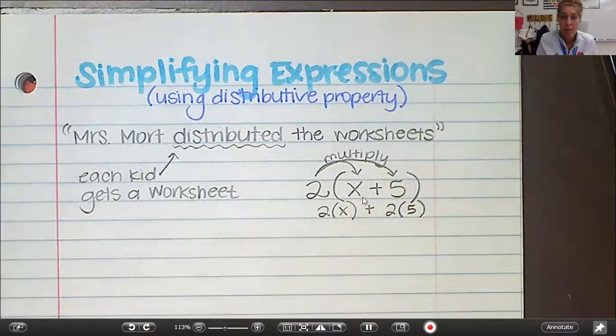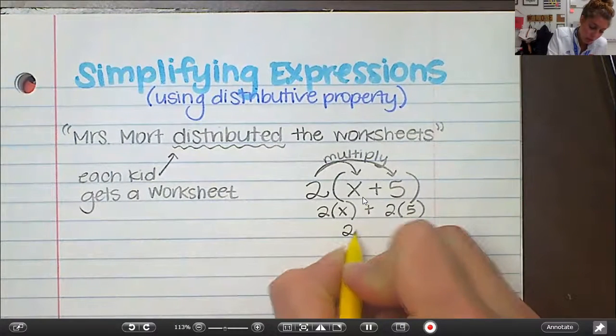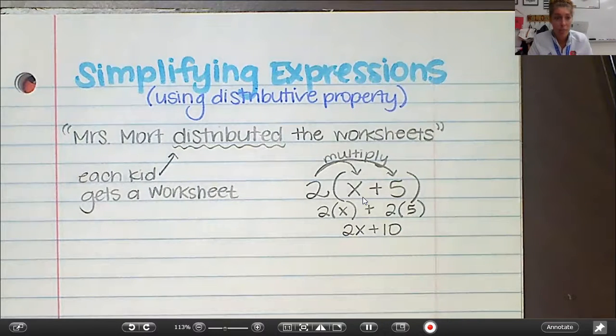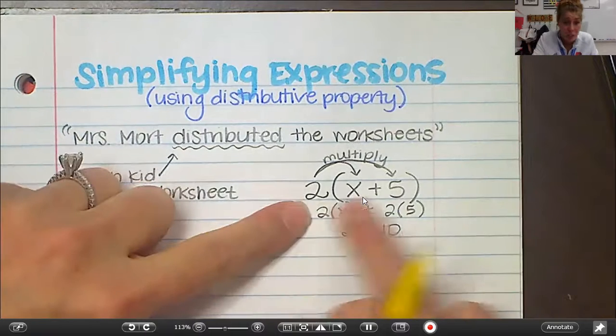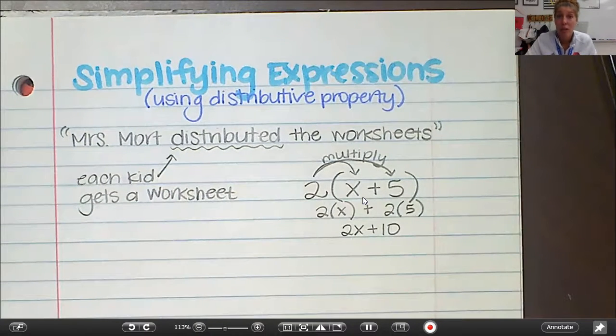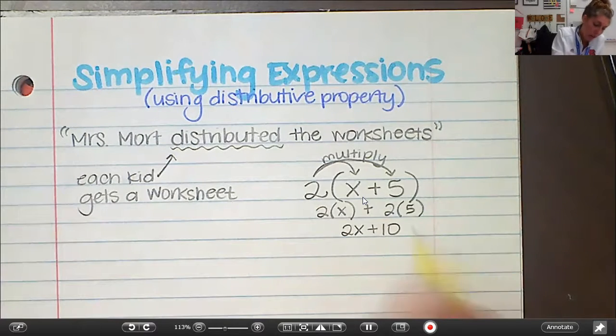And then I'm going to continue to simplify that expression, 2x plus 10. Okay? You get a 2 and you get a 2. If I had 3, 4, or 5 things in these parentheses, that's what I would do for each term in the parentheses, okay? So let's look at some more examples.